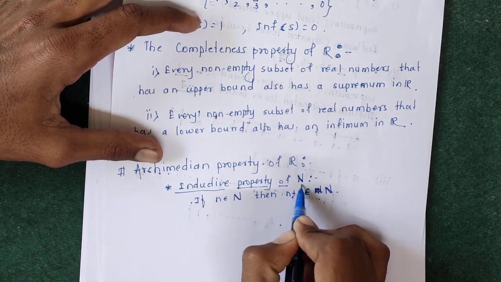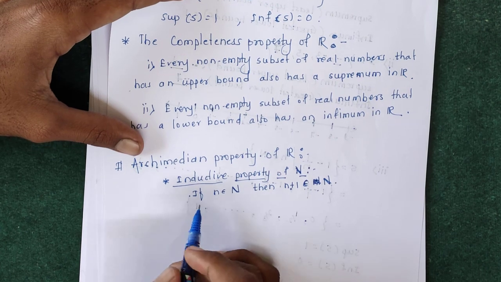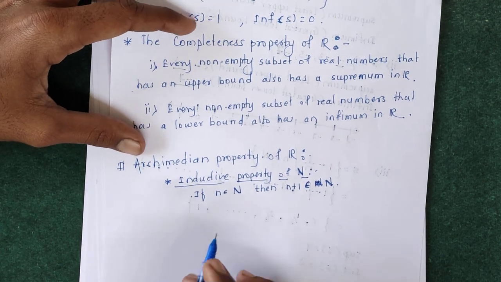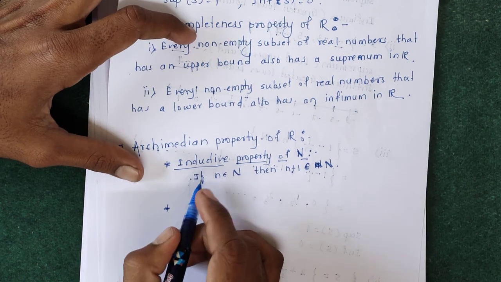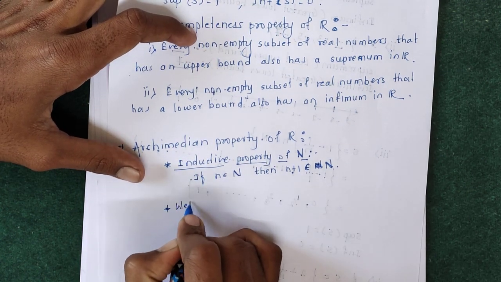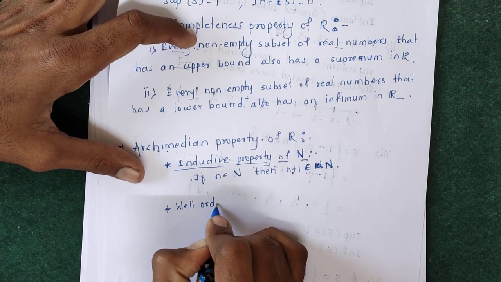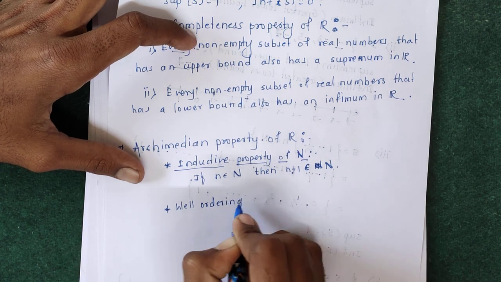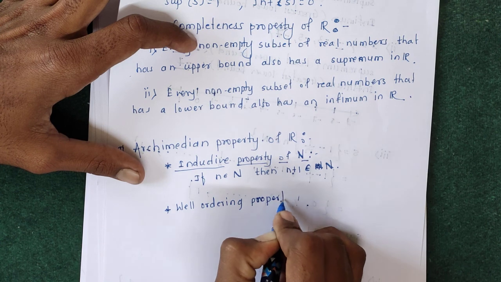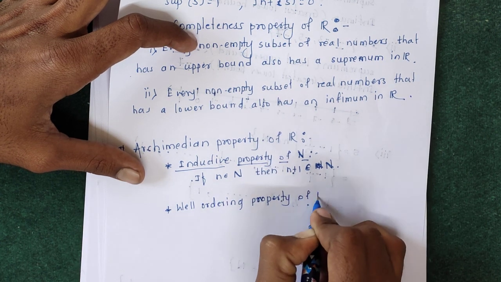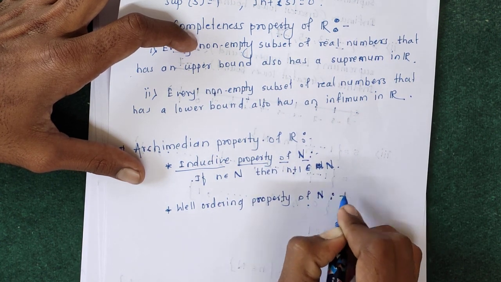Now we will move on to the next topic. Again we will take one subtopic, the well ordering principle of N, or well ordering property of natural numbers.